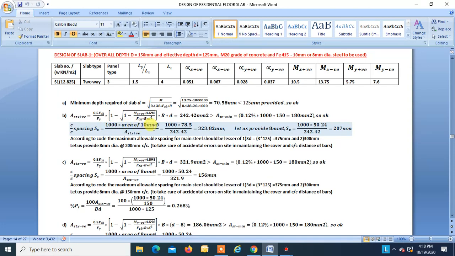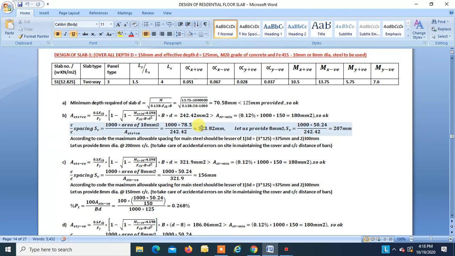Spacing, we are going to use 10 dia bar as main steel. The spacing is found to be 323.82 mm. Now, according to code, the maximum allowable spacing for main steel should be lesser of 3 into d, that is 3 into 125, that is 375, and 300 mm. So lesser is 300 mm.